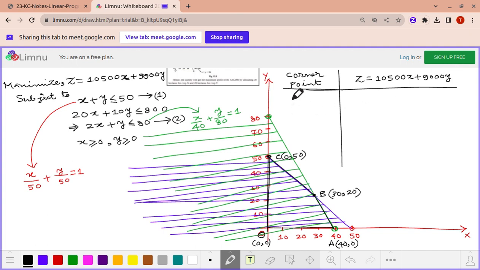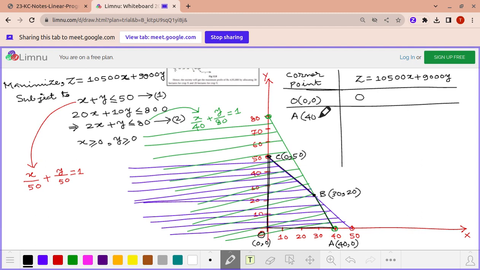Now what is the first corner point? That is the origin. Let me write down origin, 0, 0, and obviously at this point the value of z is 0, and it is of no use, because the profit cannot be 0 in this problem. The coordinates of the point A is 40, 0.